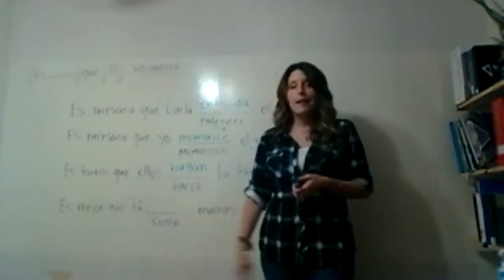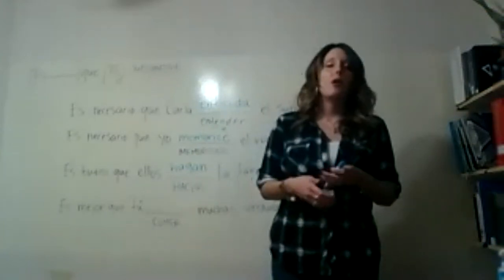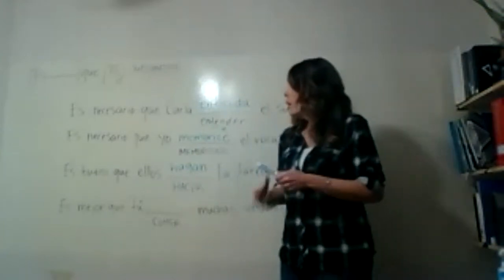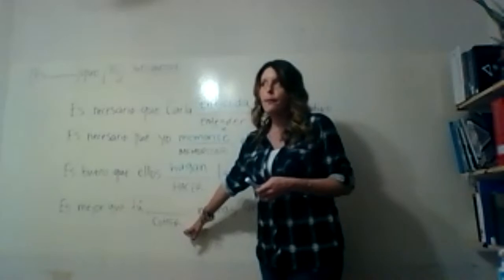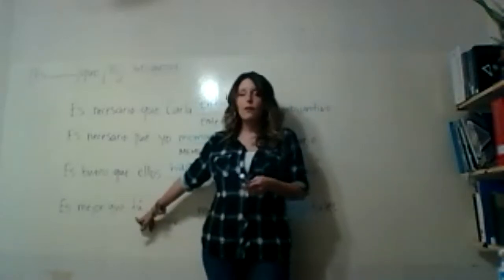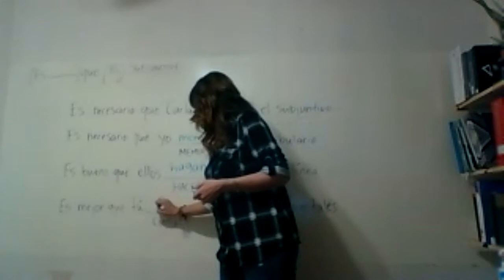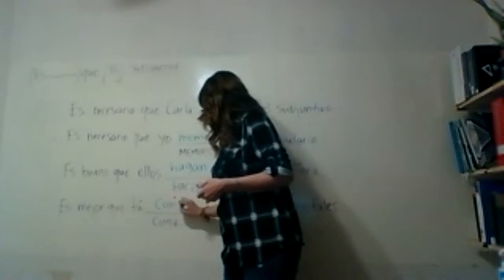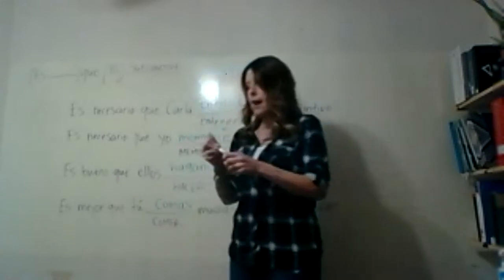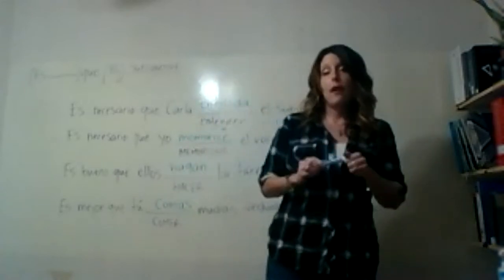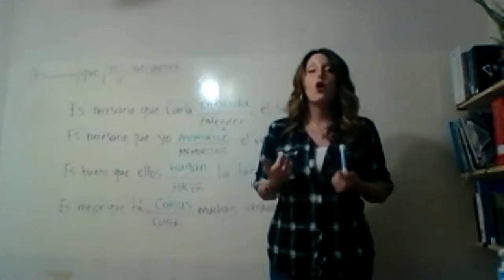So they're going to look kind of like AR verb endings, because remember we do the opposite endings with the subjunctive. We're going to conjugate comer, to eat, based off of tú. So we're going to do it like this. C-O-M-A-S, and our subjunctive of comer conjugated based off tú will be comas.